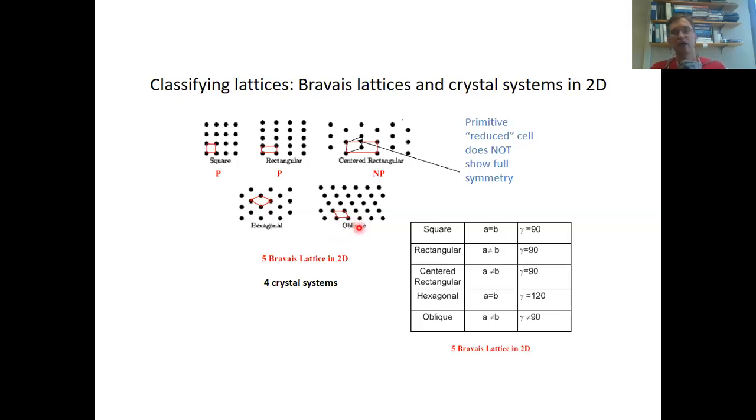So now that is all which is possible in 2 dimensions. We can have overall 4 crystal systems associated with 5 different lattice types, and these are called the 5 Bravais lattices that there can be in 2 dimensions.